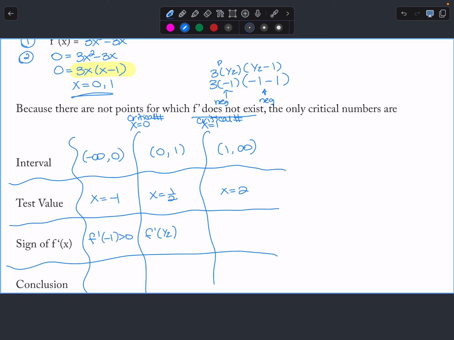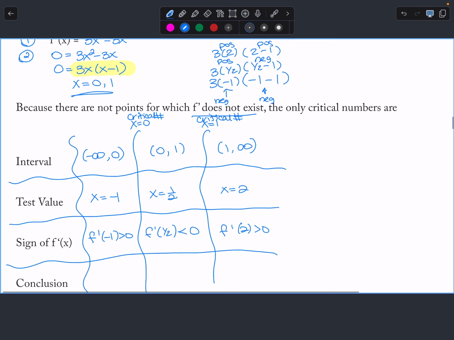I get a positive and I get a negative. So overall I get a negative. Plug in 2. So I get a positive and a positive. So that overall I get a positive.